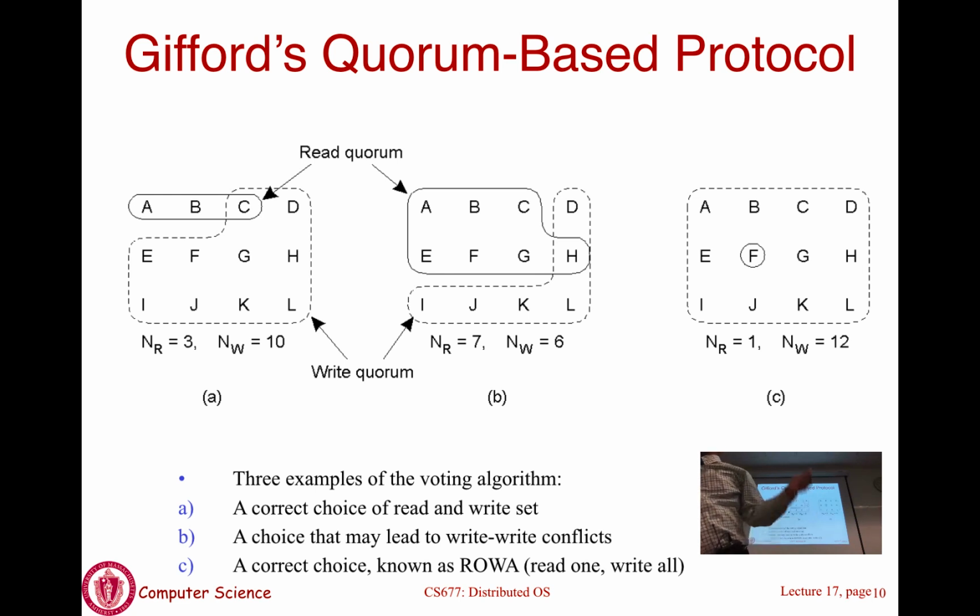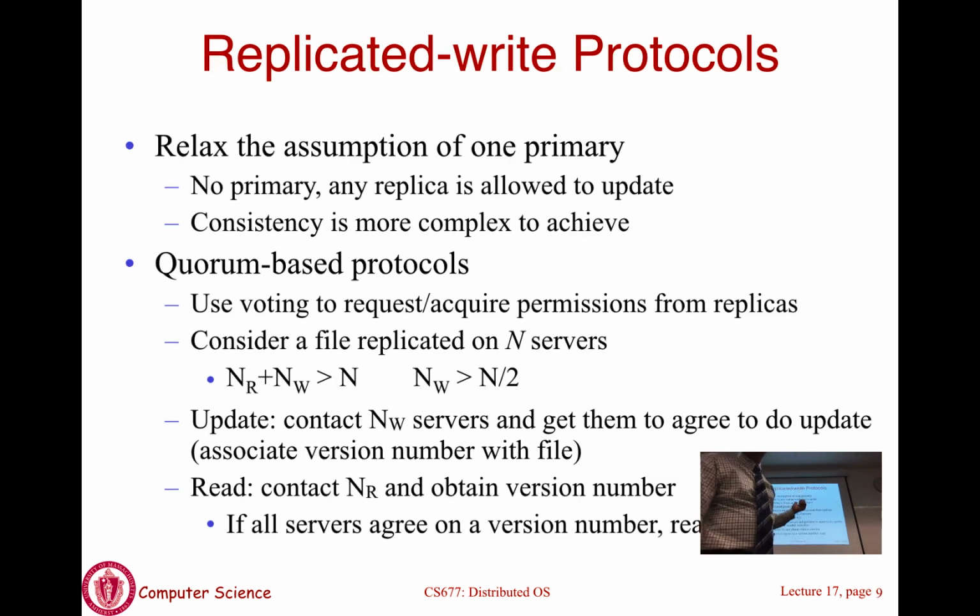The read will always fail in this case, because no matter how you pick 7 servers, there will be one server that is not in one of those 2 quorums. So you designed a system where you can always write but never read. Not a very useful system. The reason that has happened is we violated our rule. The rule said that the write quorum has to be a strict majority.